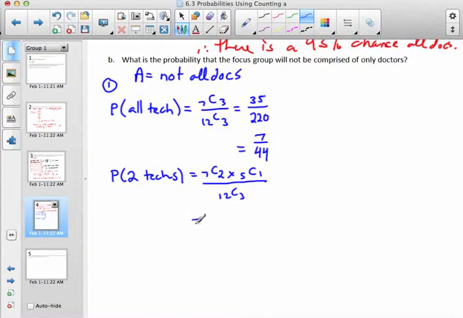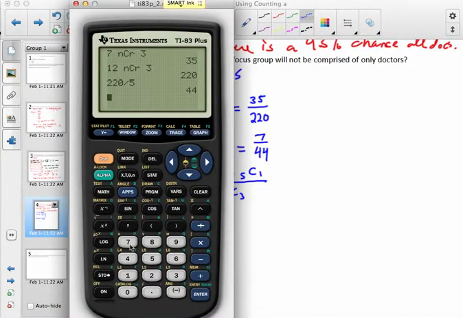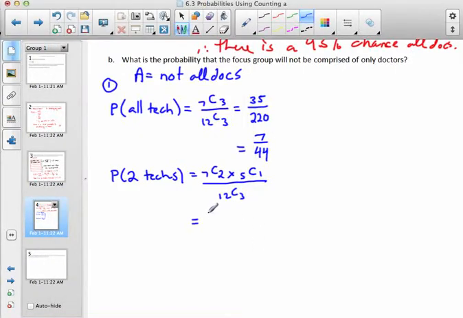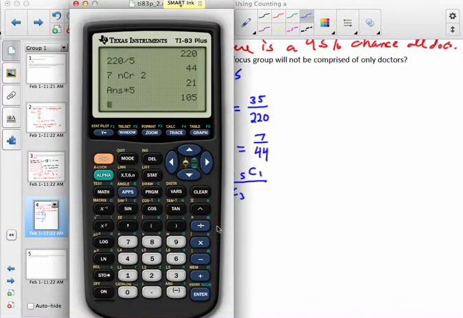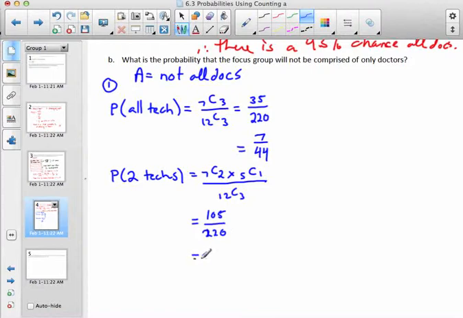And that gives us, well, what's 7 choose 2 times 5. 21 times 5, 105. Out of 220. I'm willing to bet that's divisible by 5, and it's 21 out of 44.